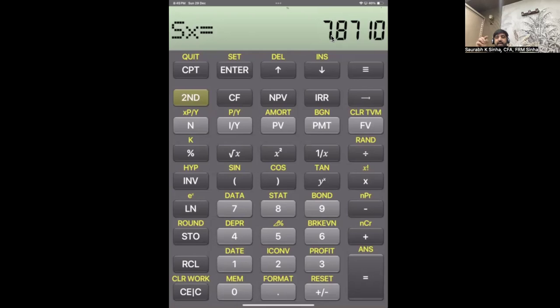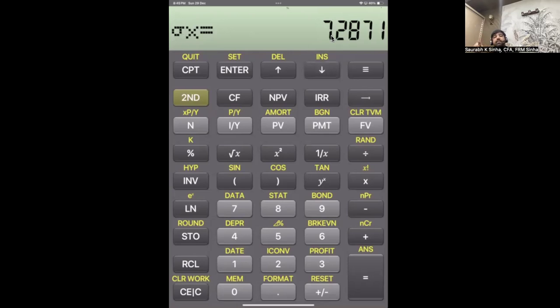The notation is Sx. So this is the standard deviation assuming the data is a sample. You don't know whether the data is a sample or not, so in the examination or in the question, it should be mentioned whether the data is sample or population. Then arrow down, this is sigma x.